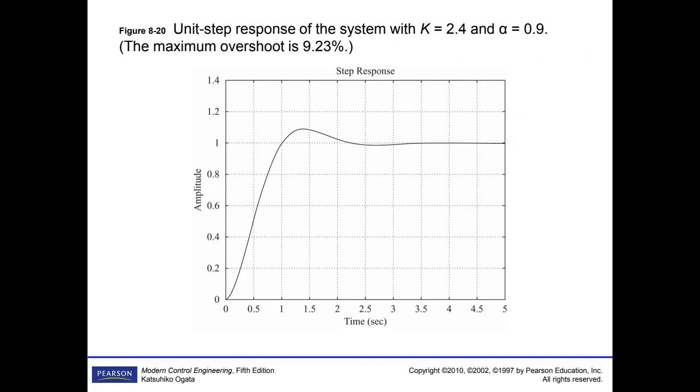You can even reduce the overshoot: for this one A is 0.9, for that one A is 0.7. Then the overshoot is reduced, and the speed is increased too, which means response time is reduced too.